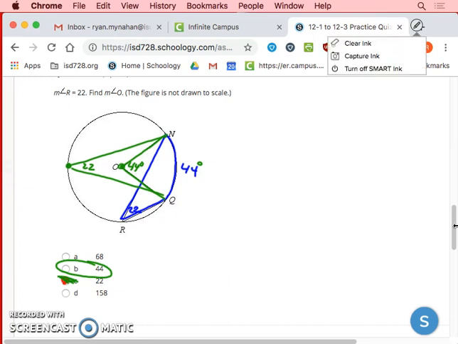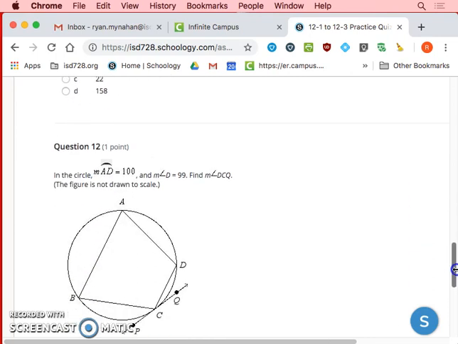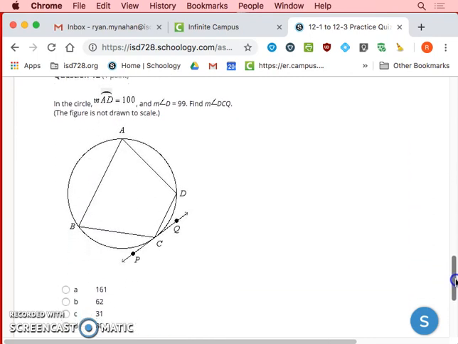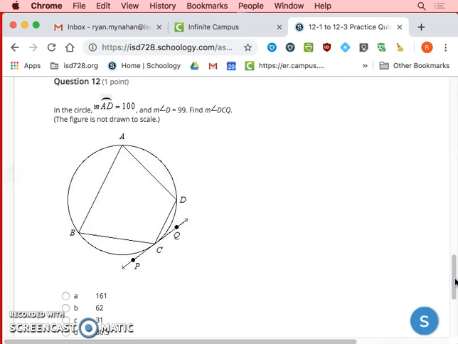And then on the last problem, number 12, we know that AD is 100. We know that angle D is 99. They want to find the angle DCQ, so I'm going to highlight that one here. To get DCQ, the blue angle, I need the green arc. So I want to figure that out and divide it by 2. If I know that D is 99, I know that 99 times 2 gives me all of this.